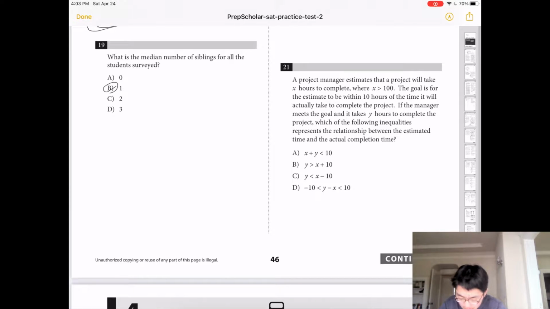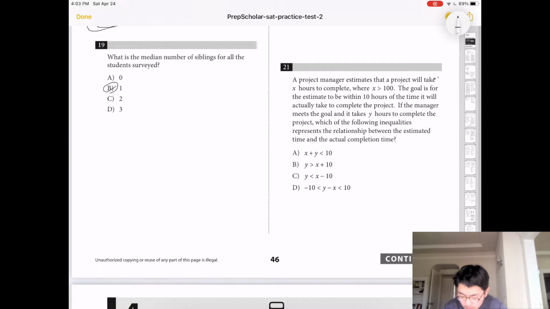A project manager estimates that the project will take X hours to complete, where X is greater than 100. The goal is for the estimate to be within 10 hours, and it takes Y hours to actually complete the project.